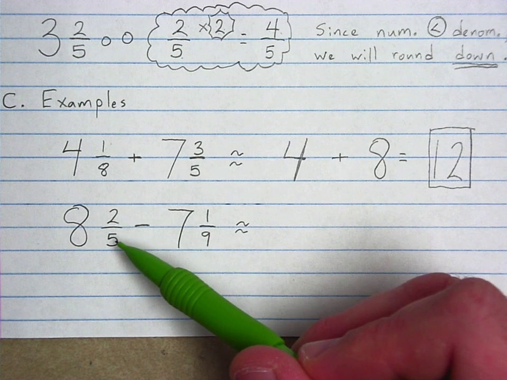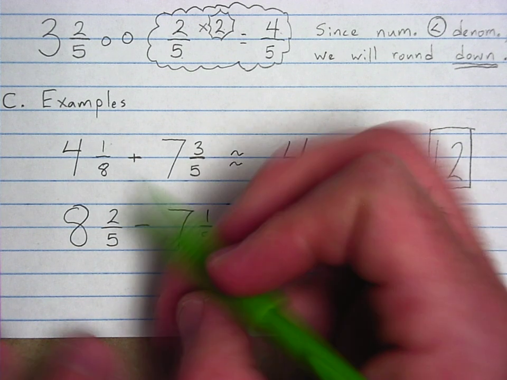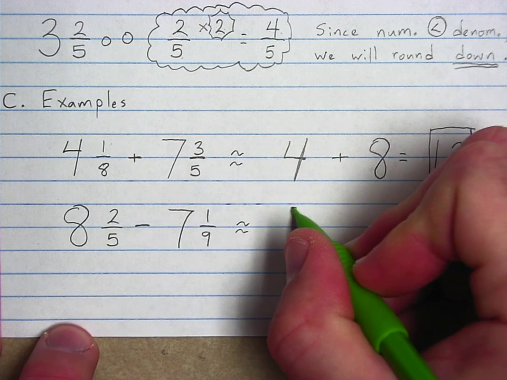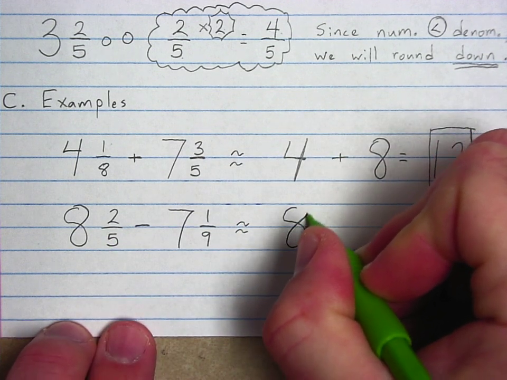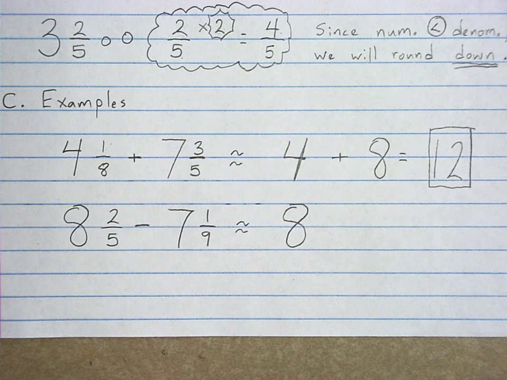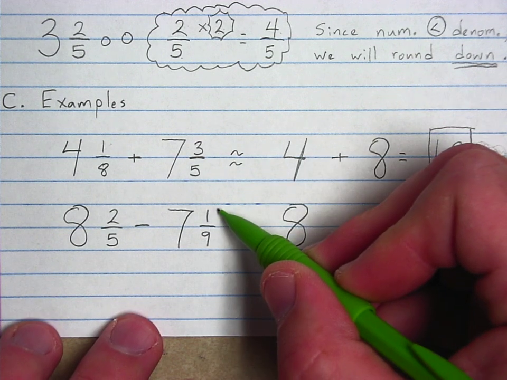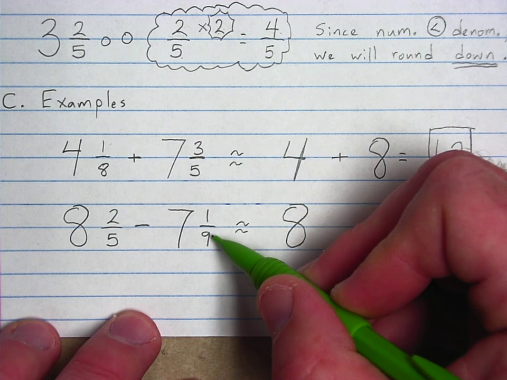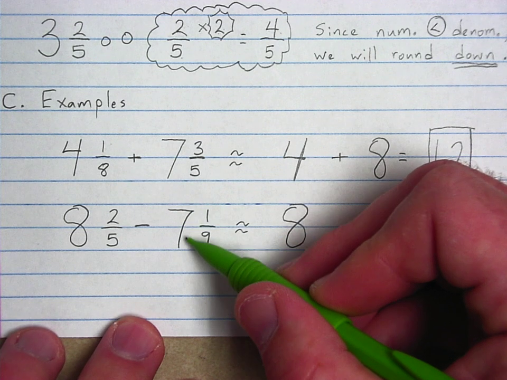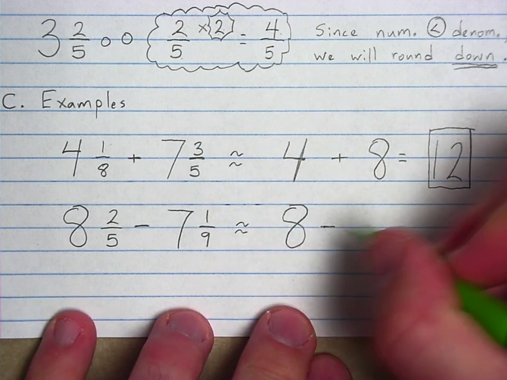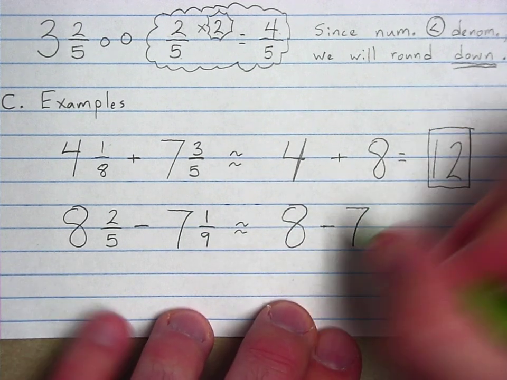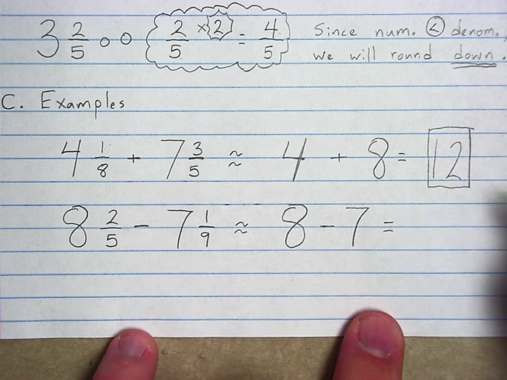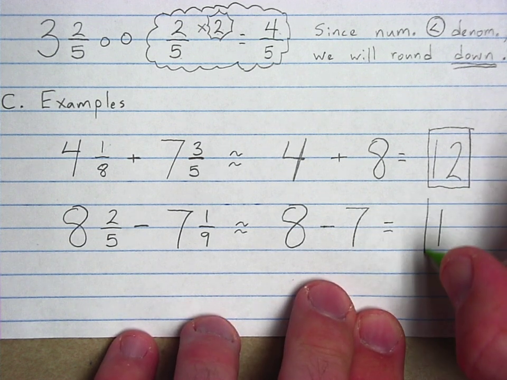That is less than the denominator. So we round down. This would be closer to 8. 1 doubled would be 2. That's less than the denominator, so we round down again. This would be 7. And 8 minus 7 would be 1.